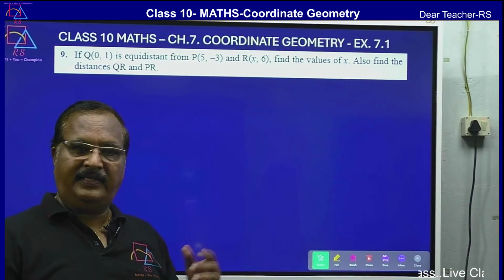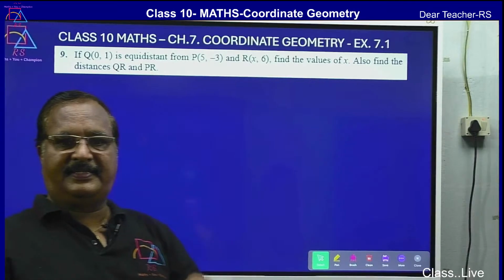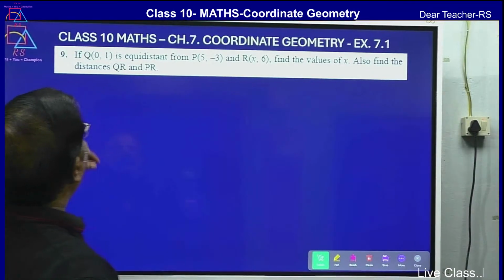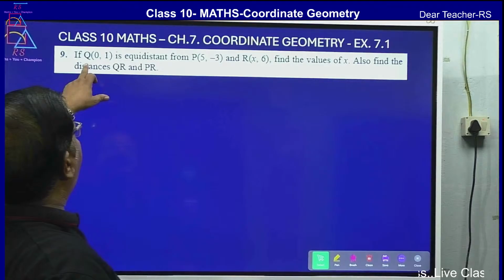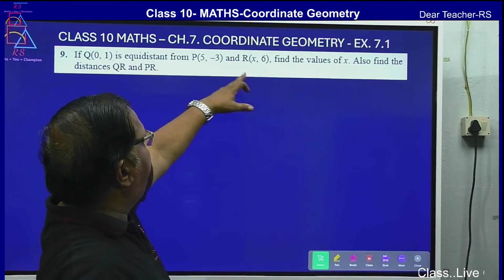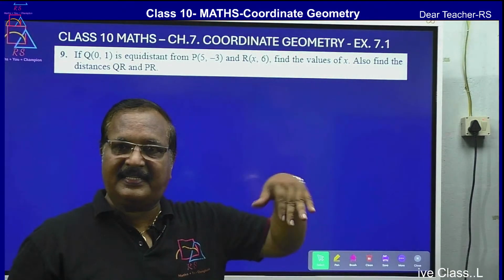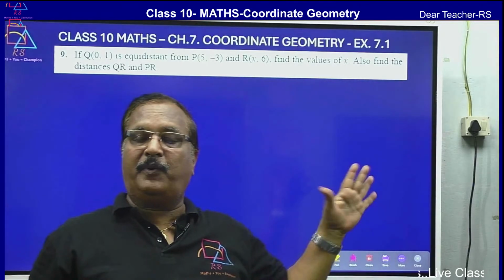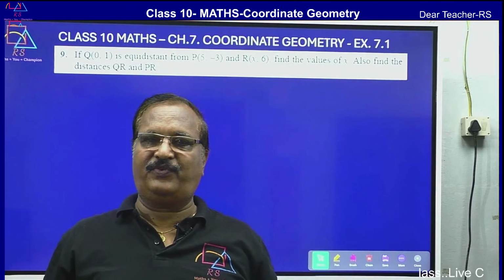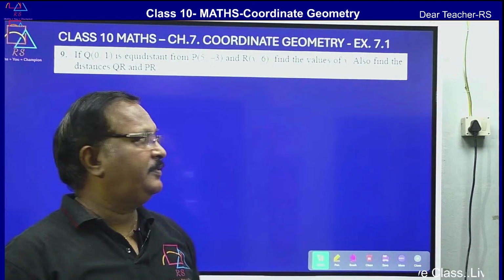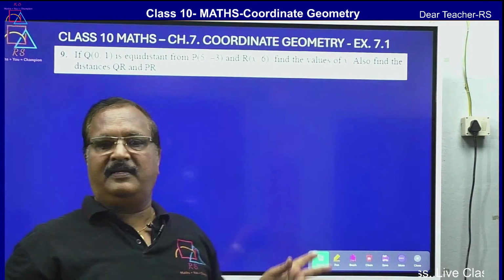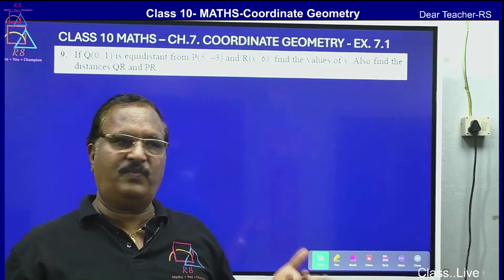Ninth question, exercise 7.1. So if Q is equidistant from P and R, find the values. It is just like I said, the point which is on the x-axis, equidistant. Same type of problem, but he has not given whether the point lies on the x-axis or y-axis.